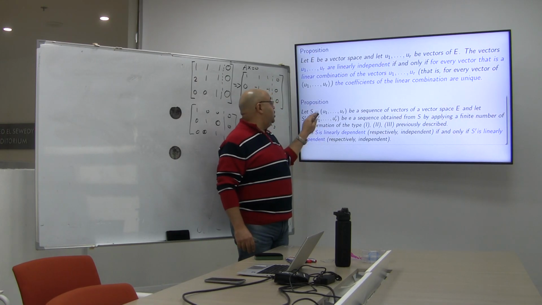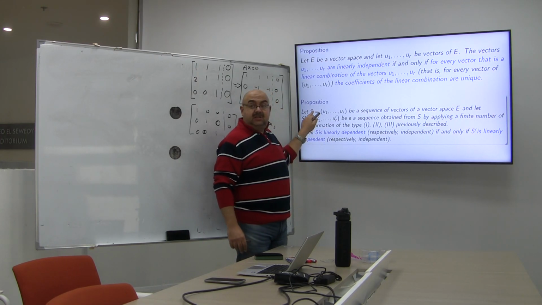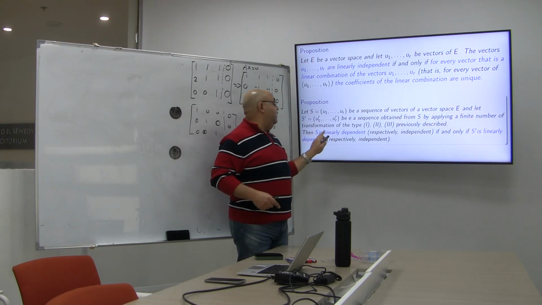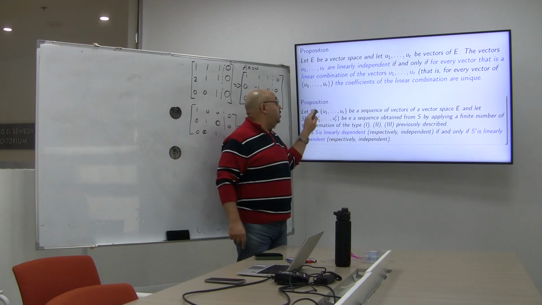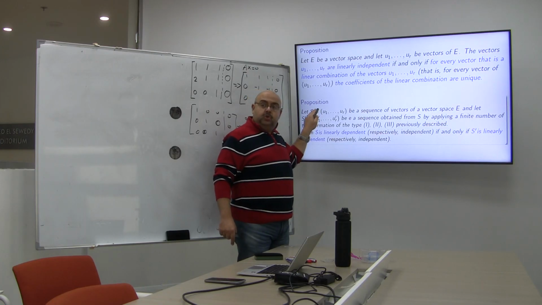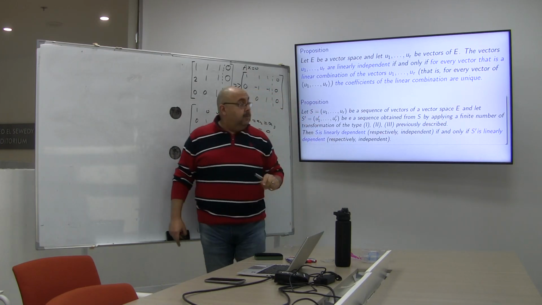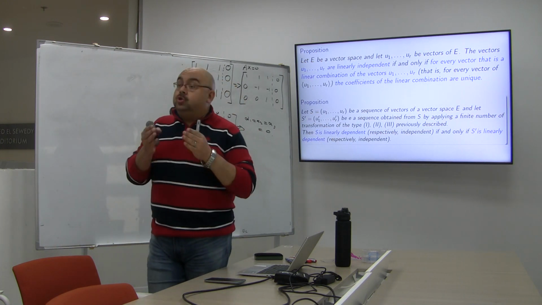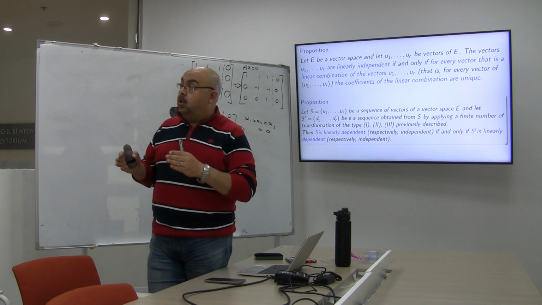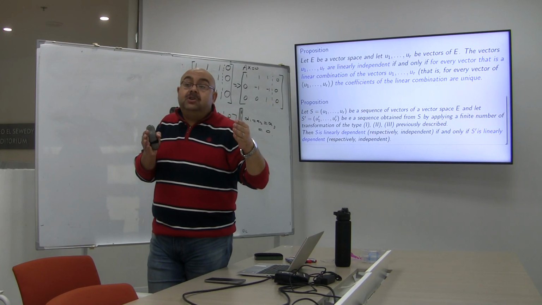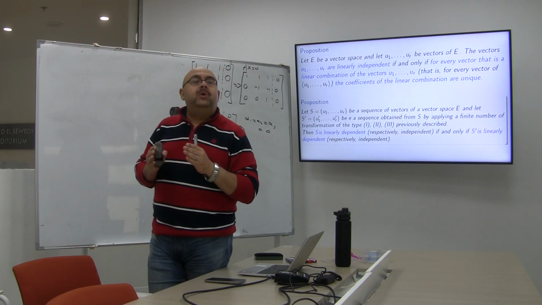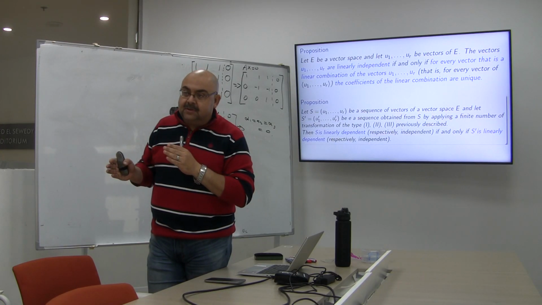So if you start with a dependent set and do row operations, you still have a linearly dependent set. If you start with a linearly independent set, it's not going to change either. Bottom line: doing row operations on a set of vectors doesn't change their nature, because you are working with an equivalent set of vectors.